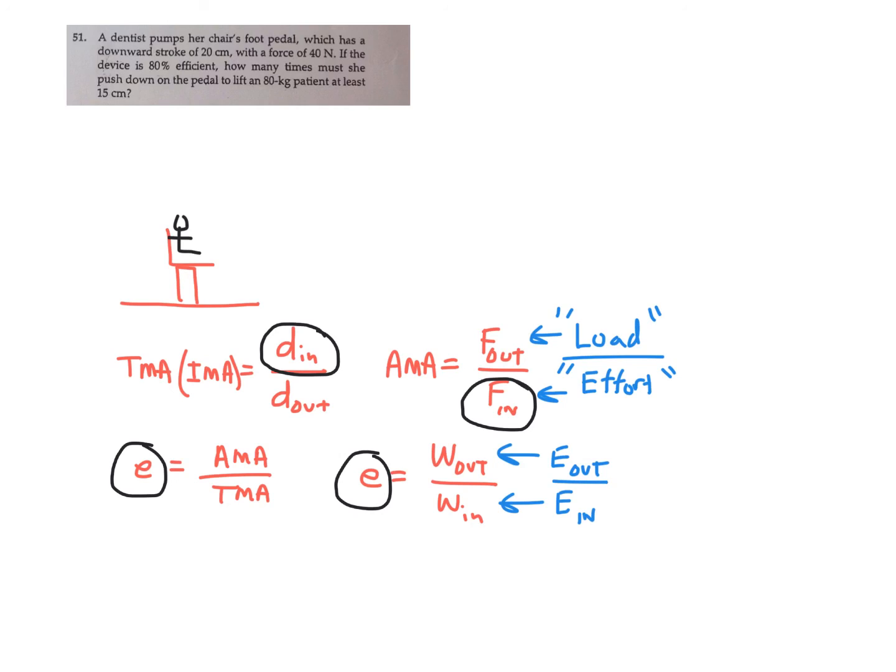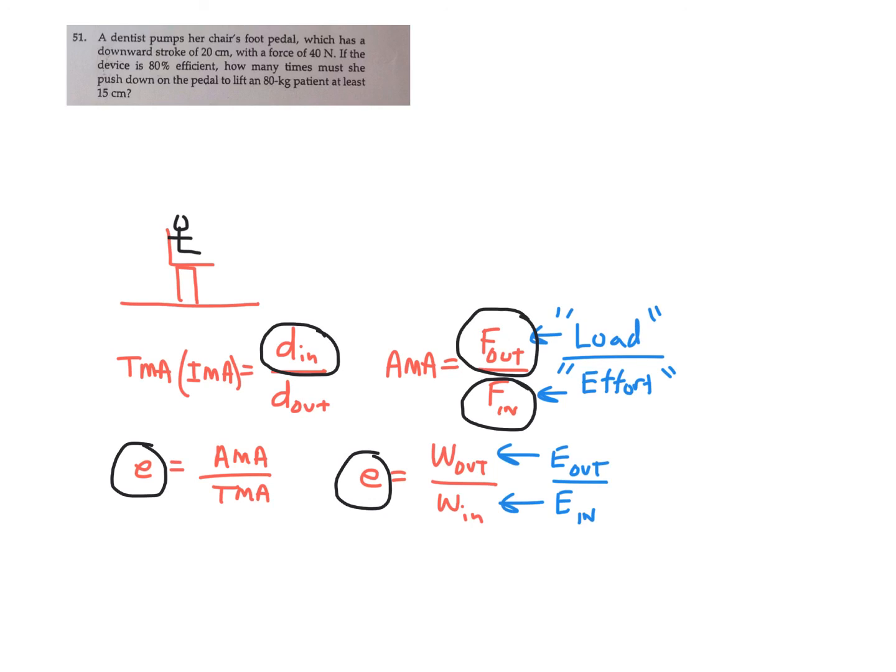Well, the 80 kilogram patient, and we're ignoring the weight of the chair, so I guess the 80 kilograms, the patient plus the chair, is our load. So bottom line is we know this right here, the force output, the load you're lifting, 800 newtons.